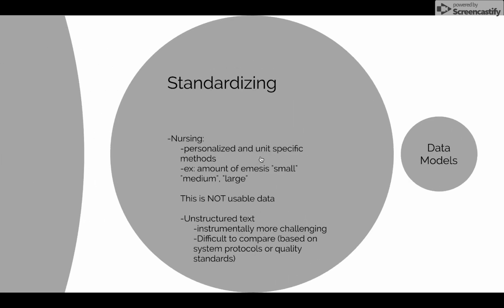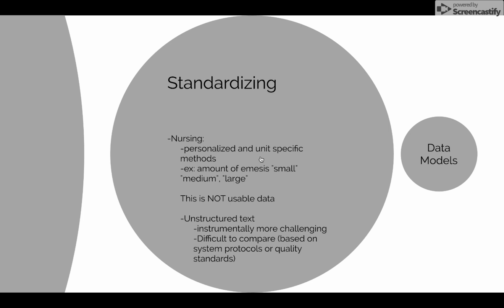So nursing is especially difficult for data mining because nursing is a lot based on personalized and unit-specific methods, whereas other professions basically go off of a national standard. Nursing is more unit-specific, or even personalized. So you may think an amount of emesis is small, I may think it is large, and there's no real measurement.